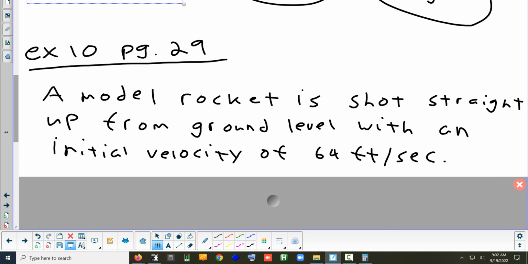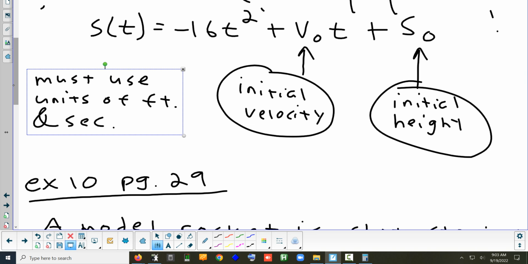What's the initial speed of the rocket? 64. Yeah. What's the initial height? 0. You're shooting the rocket from ground level. So that means when we do this one, you don't even need this part. We're not going to use it in this problem. It's a plus 0 for the initial height.